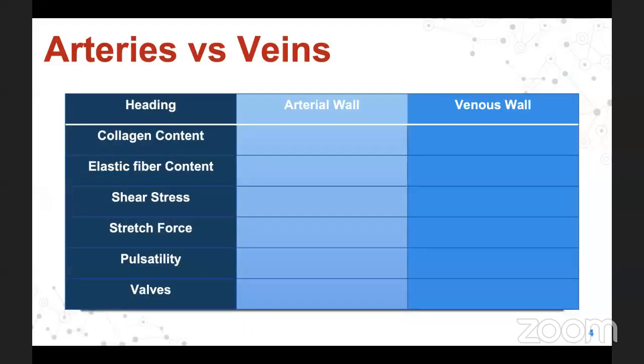If we look at the content of the wall of the arteries and veins, we will find that collagen is more in the venous wall than the arterial wall, and elastic fiber is more in the arteries, and shear stress and stretch force are more in the arterial wall than the venous wall.